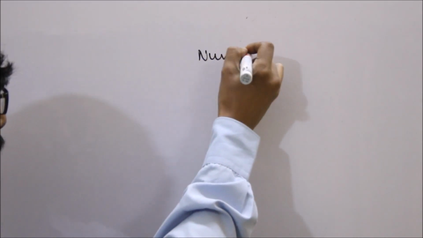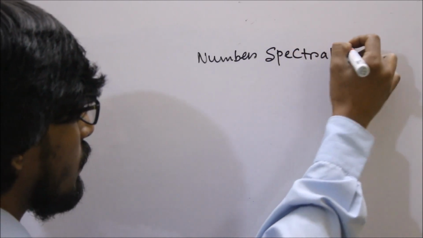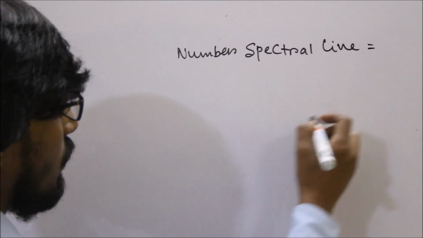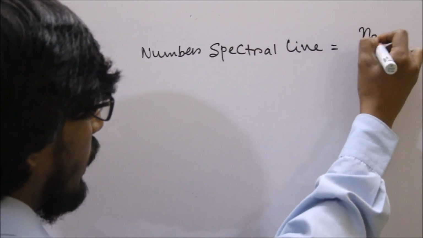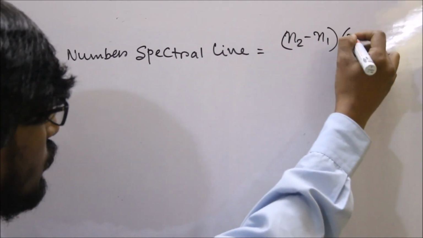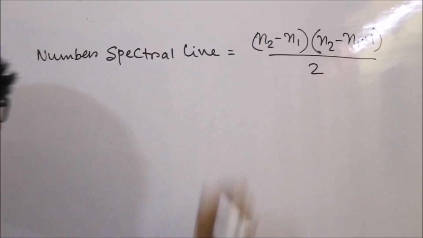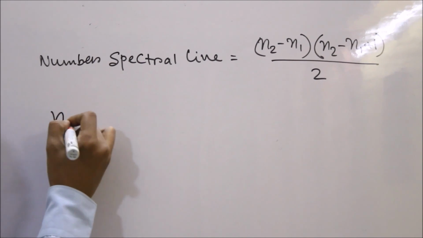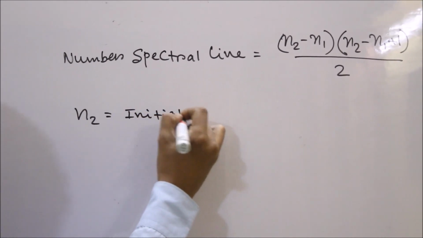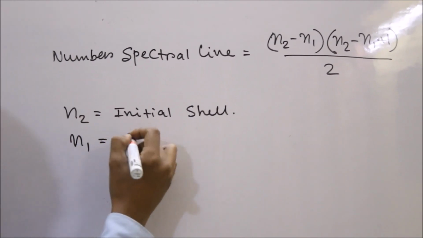Number of spectral lines equals n2 minus n1 into n2 minus n1 plus 1 by 2. What is n2? n2 equals the initial shell, and what is n1? It is the final shell.